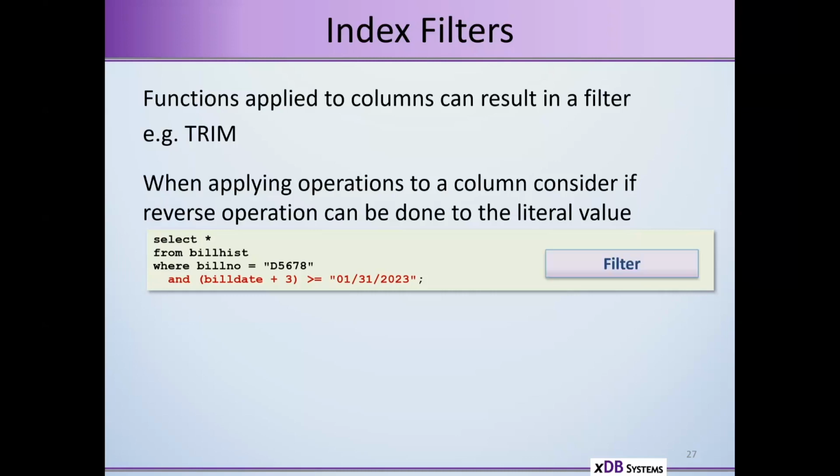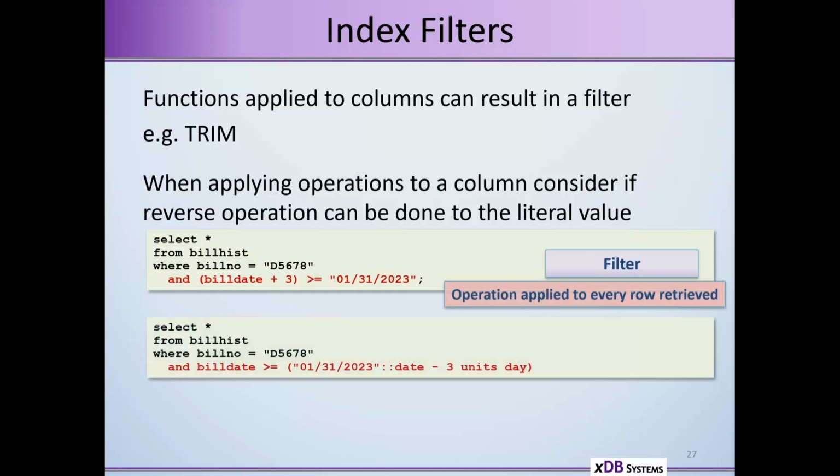So in a case like this, for example, where we're adding 3 days to a bill date, it will end up using an index filter, but that operation will be applied to every row retrieved. And that's going to slow us down.